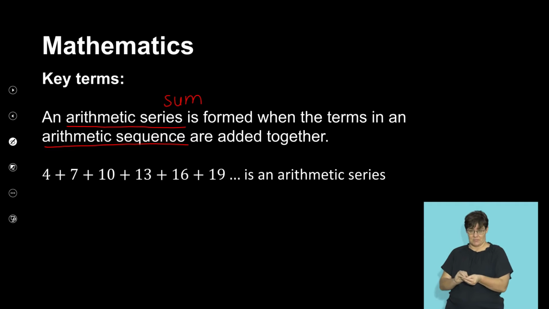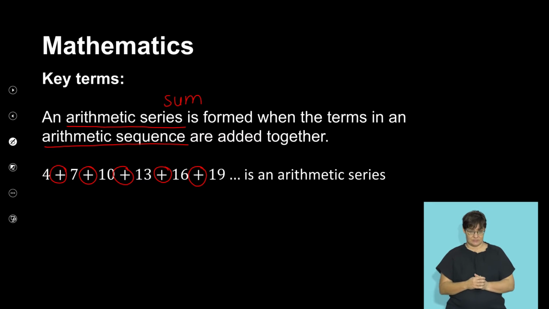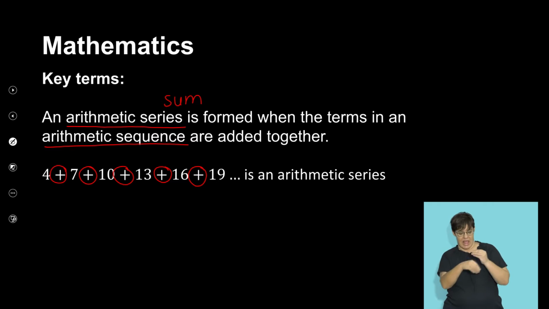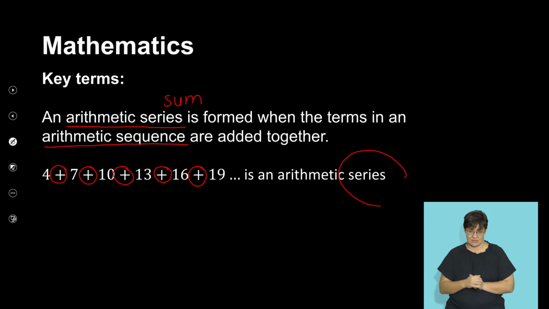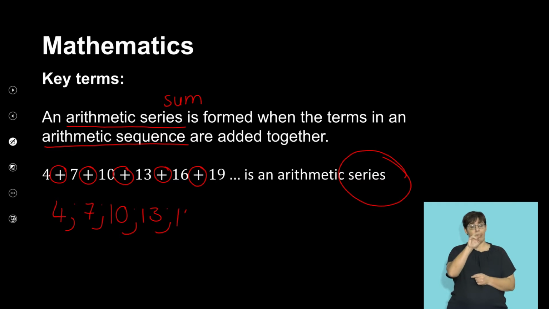It is created when I add the values of an arithmetic sequence together. So seeing those plus signs gives me an indication that this is in fact a series. So in a test or in an example, when you see those additions or sometimes subtractions, because if you add a negative value, it's negative, that is giving you a clue that it is in fact a series. If I were to write this exact same pattern as a sequence, I would use commas or semicolons to illustrate that these are different terms.